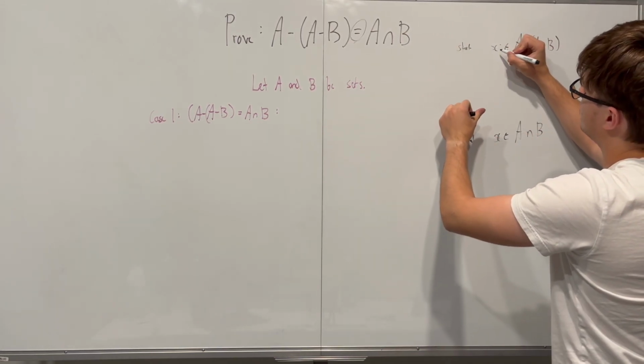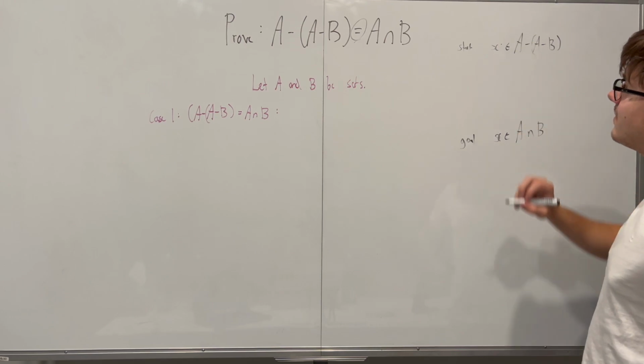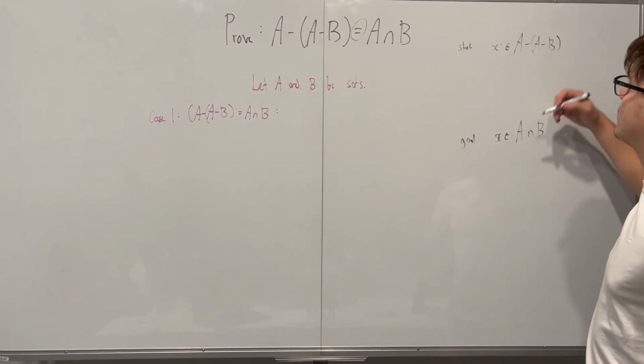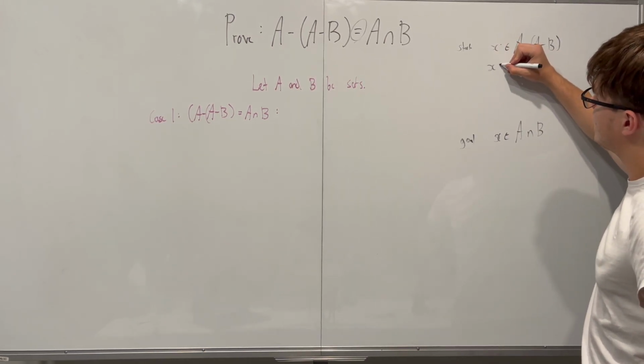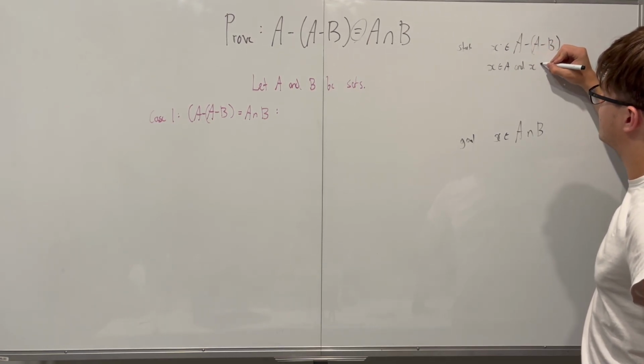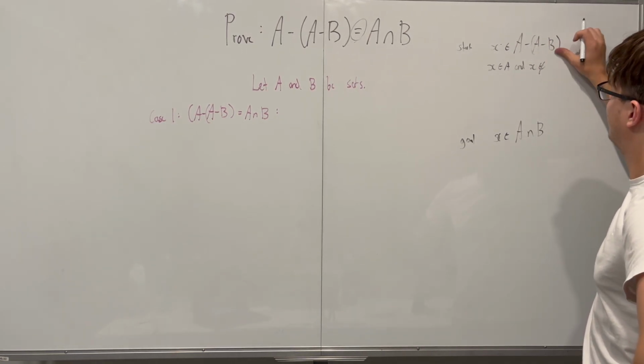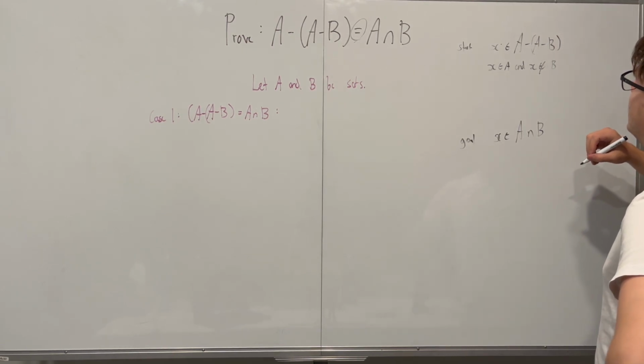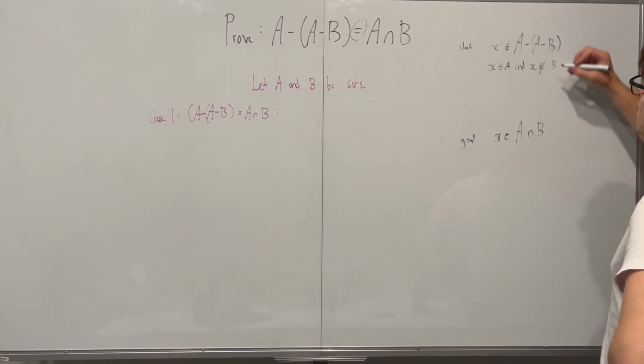Okay, so how do we do this? Let's begin by first breaking apart our start. What does it mean for an element to be a member of this set? Well, it means that X is an element of A, and X is not an element of B, which is what the brackets mean.